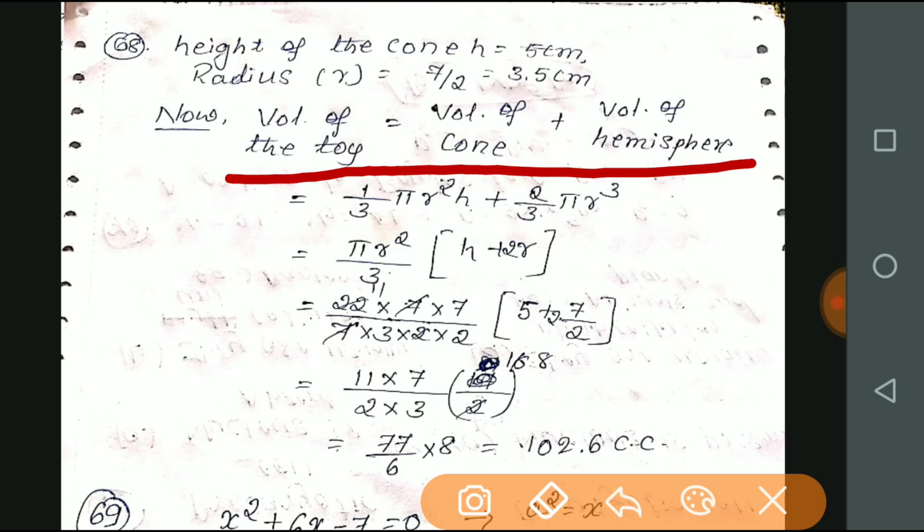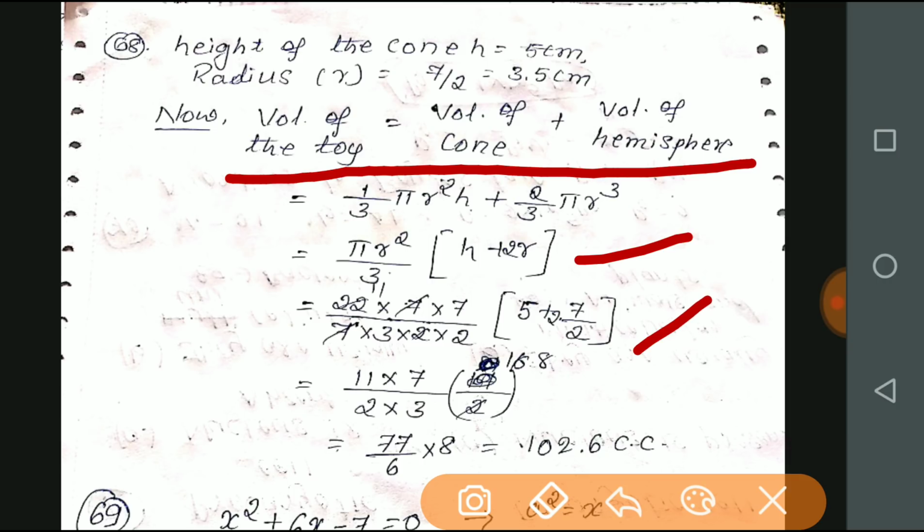Then take the common factor pi r square by 3 into h plus 2r. Then substitute the values. We get 22 by 7 into 7 by 2 into 7 by 2, into 1 by 3, then 5 plus 2 into 7 by 2.